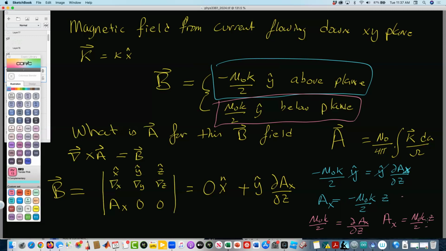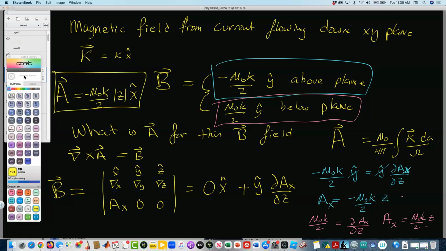And this is below, so I could replace the whole thing as A is equal to mu 0 K over 2 times the absolute value of Z in the X hat direction. Is that right? So when Z is positive, no, I need a negative sign. Shoot, there. Yeah. All right. Cool. Let's keep going.